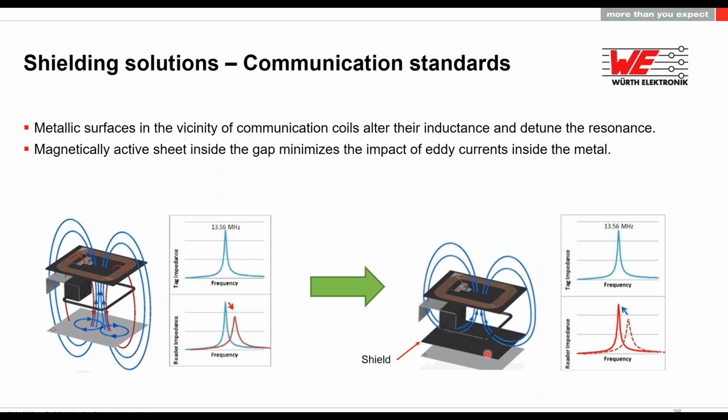When we place this material in the middle, we are preventing these electromagnetic fields from reaching this layer. And we are also redirecting the part that was lost, going to the bottom side, upwards. So not only are we protecting the communication against this kind of problem, but we are also improving the communication and the power of the signal.